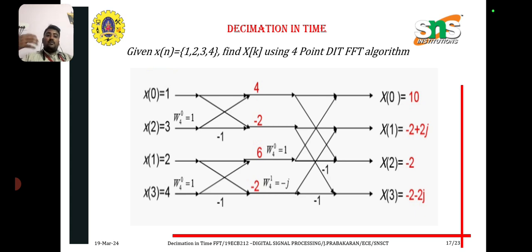After that we have to map the input sequence values to the 4 point butterfly diagram and find the first stage output values. The output of the first stage is given to the input of the second stage, and then we have to find the second stage output, that is 10, minus 2 plus 2j, minus 2, minus 2 minus 2j, like this.